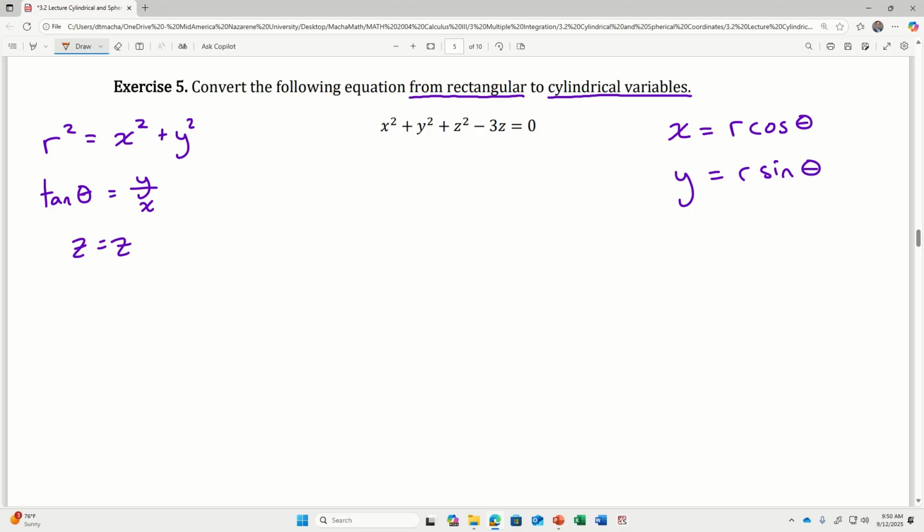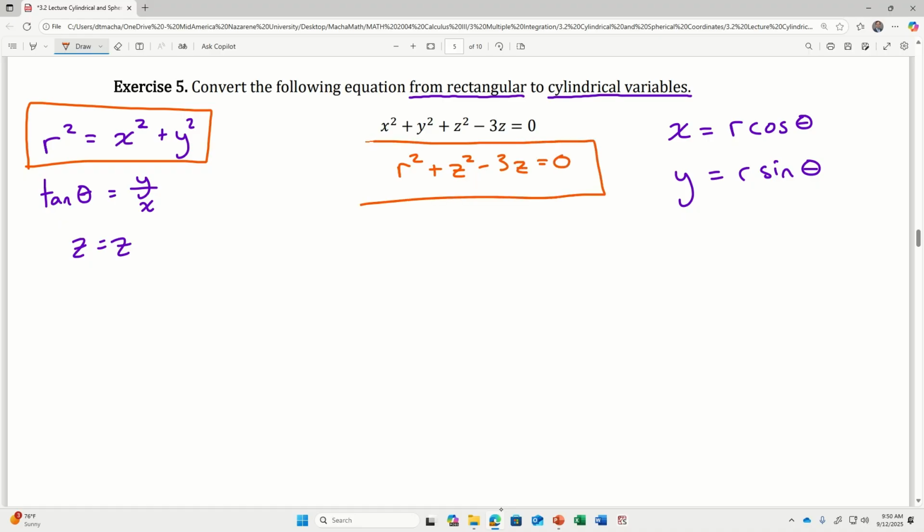But I need to get rid of the x and the y. What's the easiest way I can get rid of the x squared plus y squared? Yeah, I could just replace it with r squared. And we're done. That's the answer. Now that equation is strictly in terms of cylindrical variables.